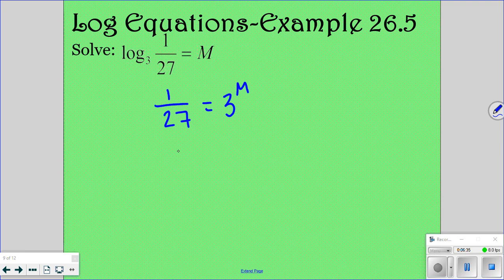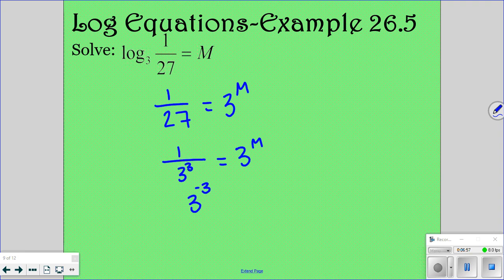27 is the same thing as 3 cubed. And the reason I want to rewrite that is because I have 3 over here as my base. And so 1 over 3 cubed is the same thing as 1 over 27. And then if I make this so that there is no fraction, I can pull this up to the top and just make the exponent negative.